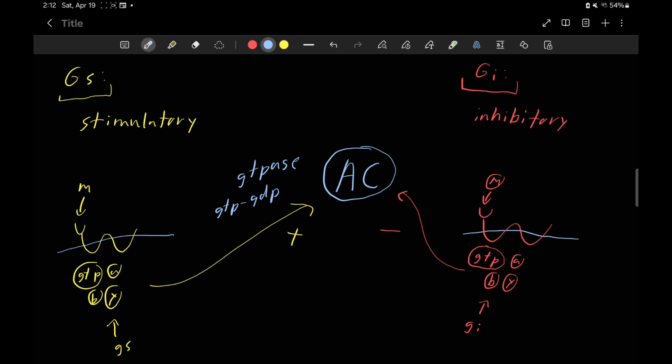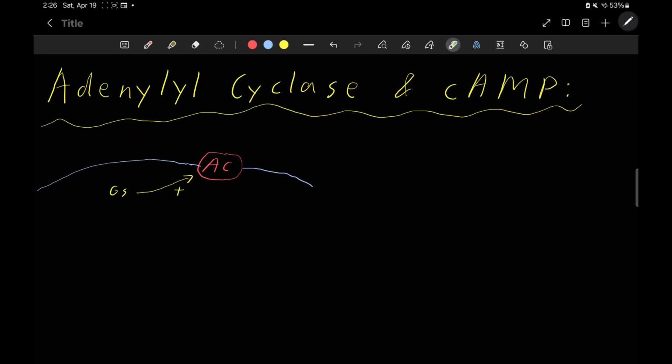So now that we know how these different types of G proteins can control the activity levels of adenylyl cyclase, let's take a look at what this enzyme actually does. Alright, so your adenylyl cyclase is an enzyme found in your cell membrane, and when it gets activated, what it actually does is it transforms ATP into something called cAMP, which stands for cyclic AMP.